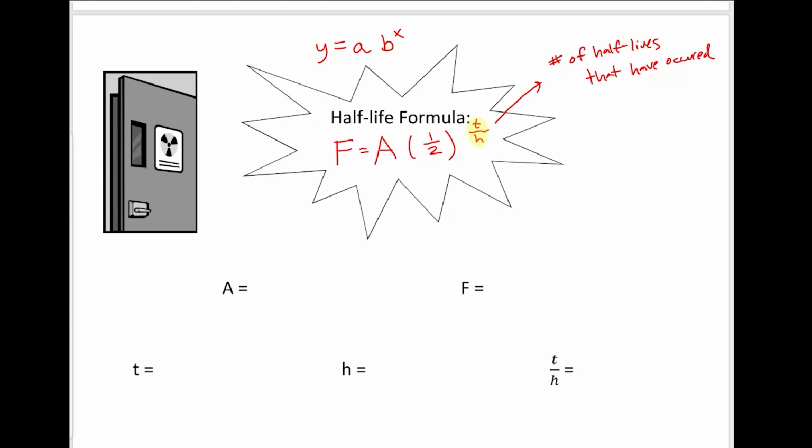And so when we divide the total time by the length of the half-life, that's what we're computing: the number of half-lives that occur. So just to break down each of these variables, the capital A stands for the initial amount. The F is the final amount.